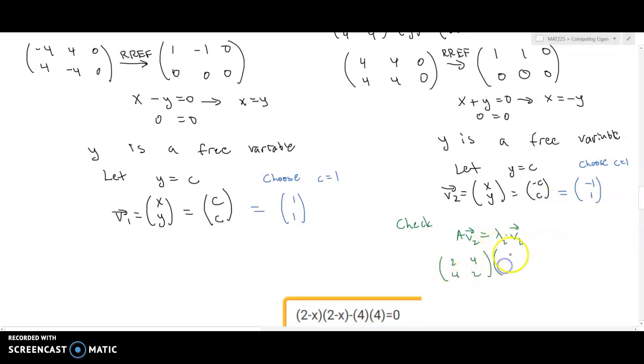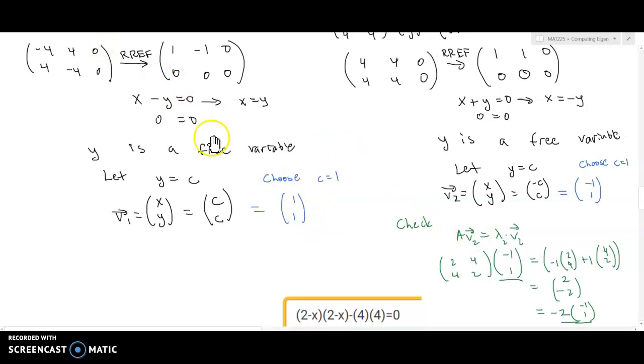And when I multiply that by the negative 1, 1 vector, I'm going to get negative 1 times 2, 4, plus 1 times 4, 2, which is going to produce 2, and negative 4 plus 2 is negative 2. And you can see that relative to the input vector, negative 1, 1, this is really negative 2 times the negative 1, 1 vector. What we put in and what came out are just multiples of one another, and there's that negative 2, that eigenvalue. So this just means that we've done things correctly.